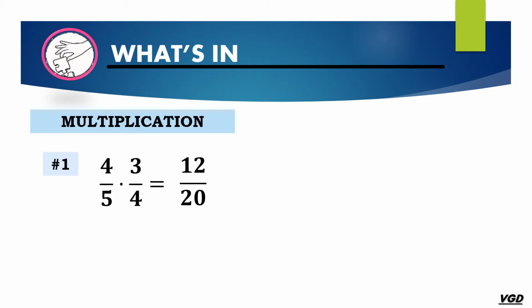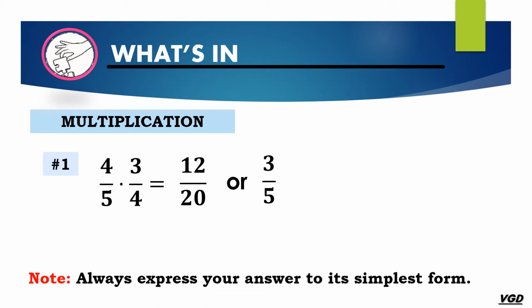So 12 over 20 is equal to 3 over 5. And take note, always express your answer in its simplest form.